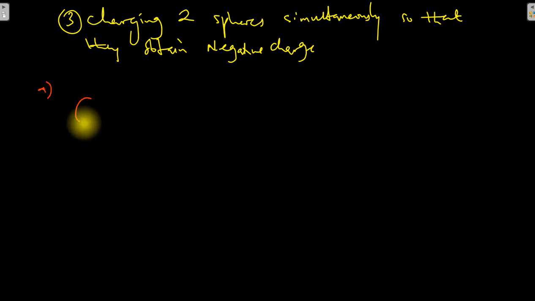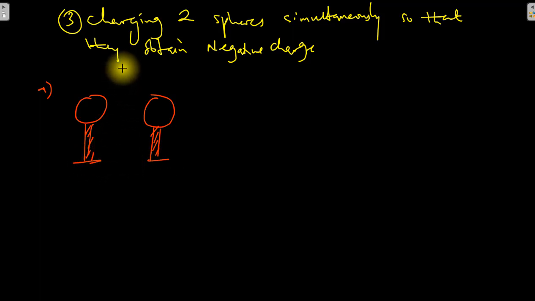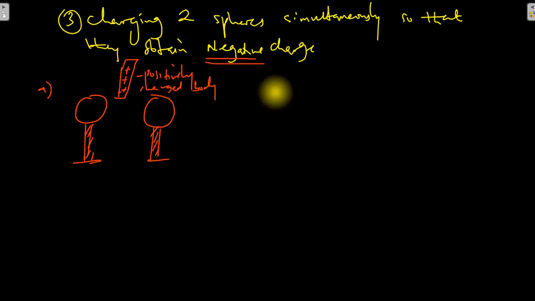So the first step is to have our spheres well insulated and separated. Very important. Then, since we want to charge them so that they get a negative charge, we have to bring a positively charged body. For example, a glass rod that is rubbed with silk.